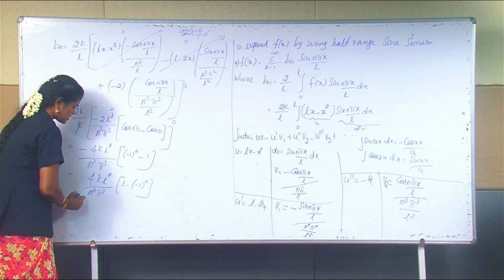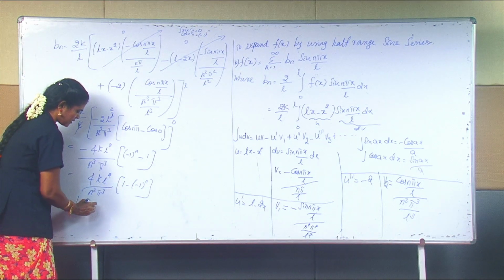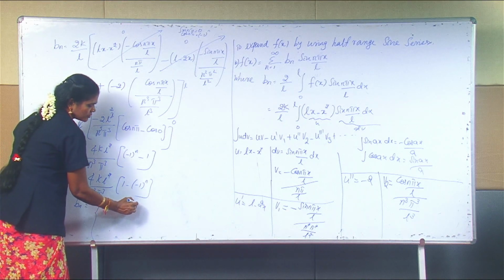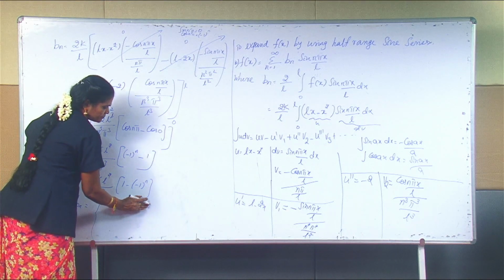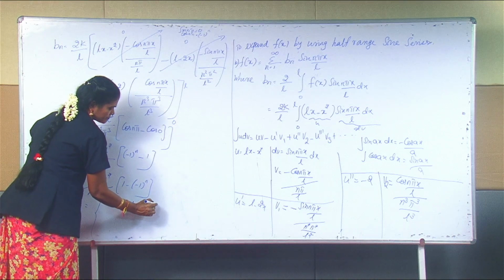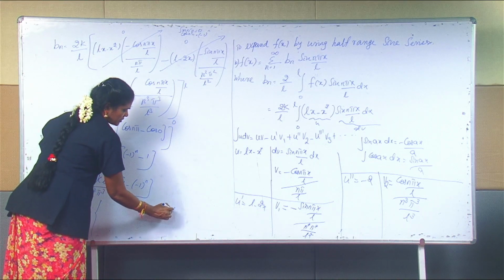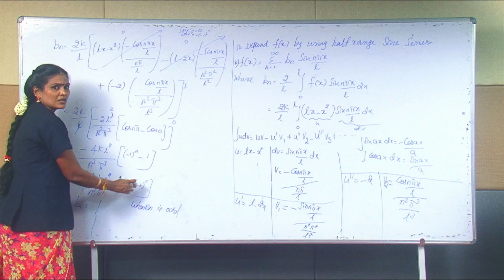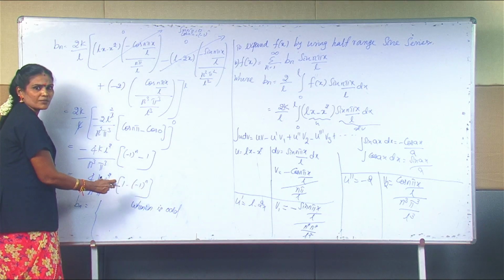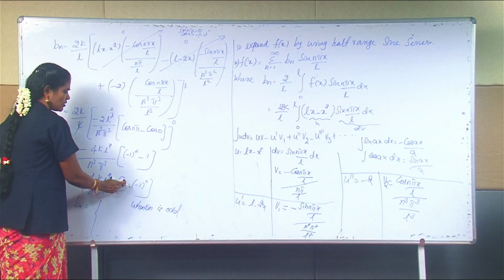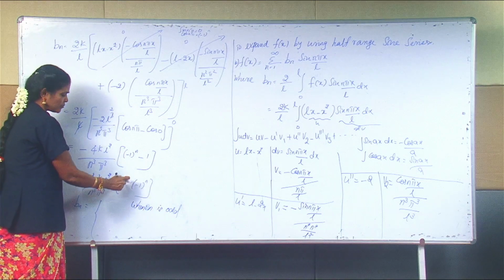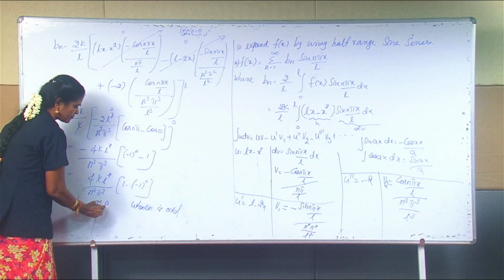So, you have to consider two cases for Bn value. First, take when n is odd. When n is odd, if you substitute n in the place of 1, it becomes 1 minus minus 1, which becomes plus 1. So, minus of minus becomes plus, it becomes 2. 2 into 4 becomes 8.